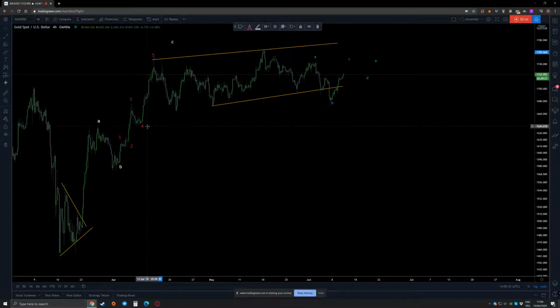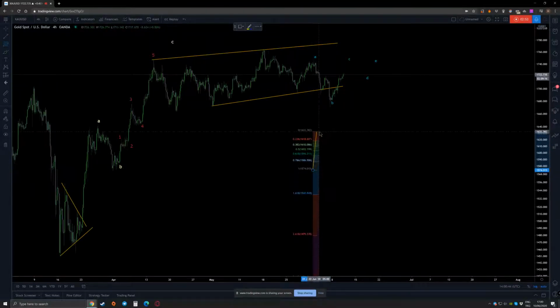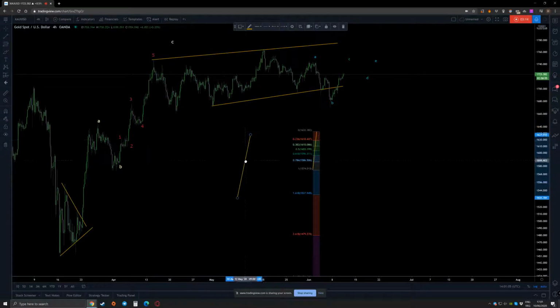Now, in this way, even though it does look like we have an extension, which is the fifth wave extension, in reality, if we check our 1.618 level, you can see that we actually have, but okay, I was wrong, we have, but it's still not a fifth wave extension. Now, let me tell you why.